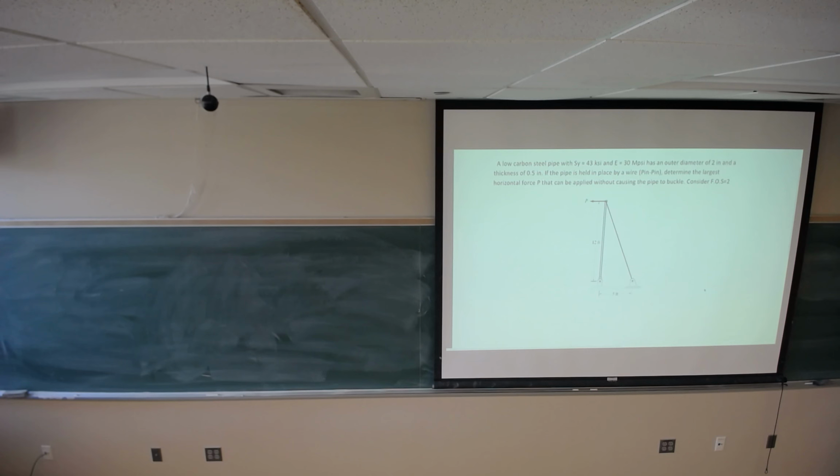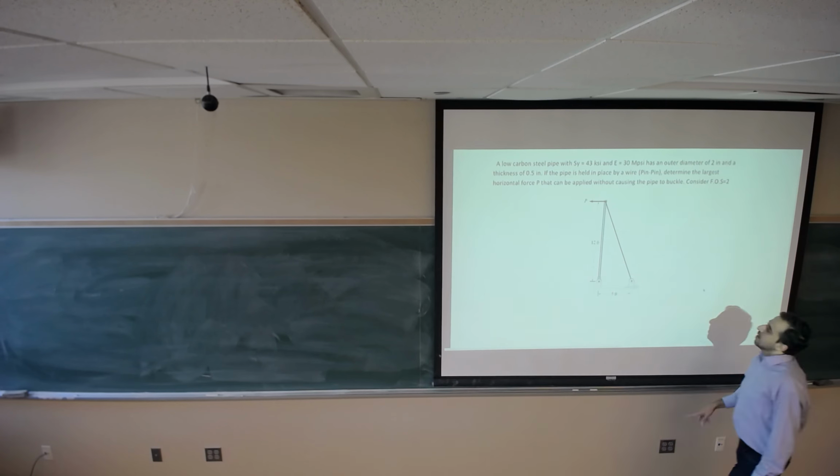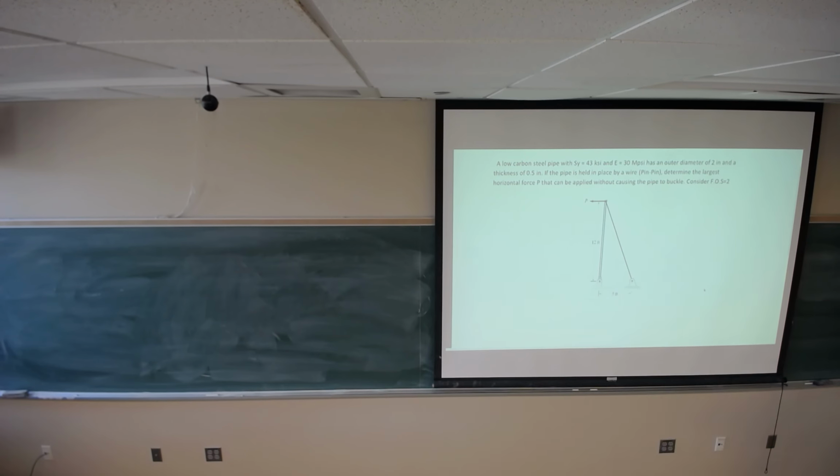All right. We have this steel pipe, which has been supported by this cable. And force P is applied at the end of the pipe. The yield strength and modulus of elasticity of the pipe are given.